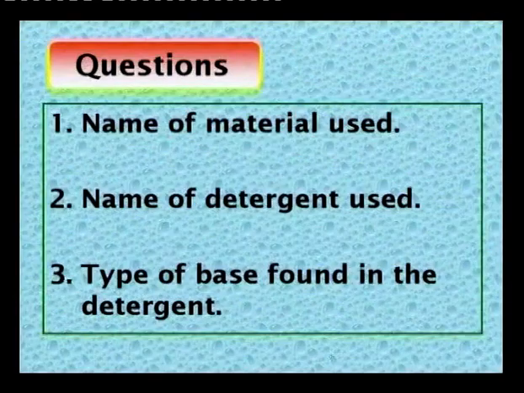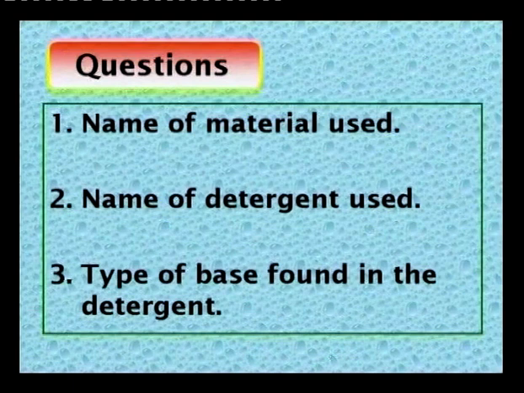Right, we will now correct our activity that we have done for today's lesson. We will go back to the questions that you have copied down earlier on. Name of material used. For the receiving schools, if you did not come with your materials, then I'm sure you have watched the model class do their washing up, and you have also written your answers according to what you have watched.